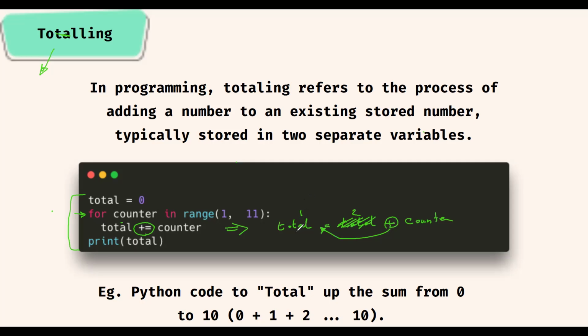Okay, so what if we are not talking about total? If we're talking about maybe x equals x plus 1, the short form would be x plus equals 1. Is it clear now? Yes, it is clear. Okay, that's good. So tell me now, what is the code trying to do?